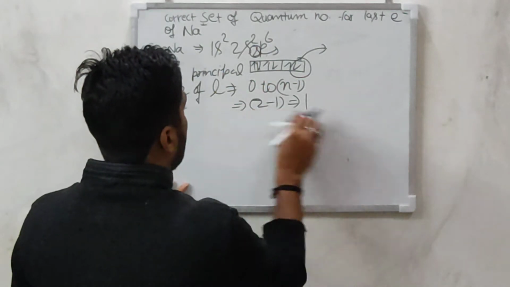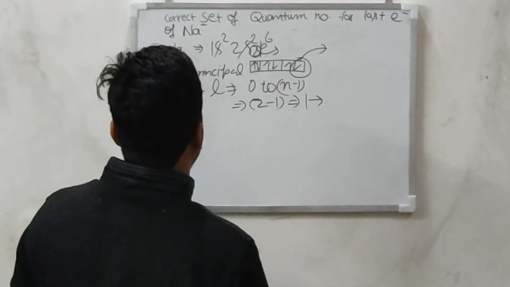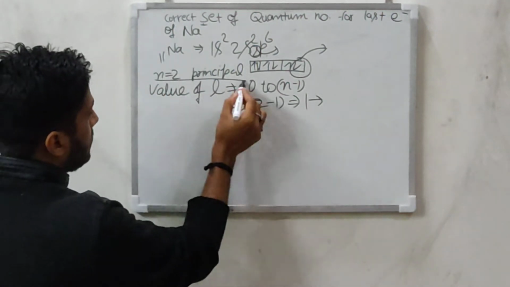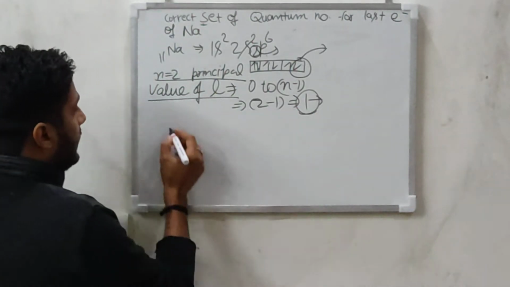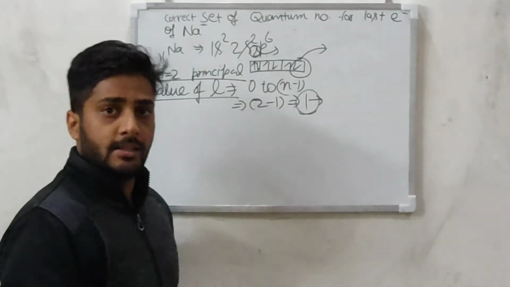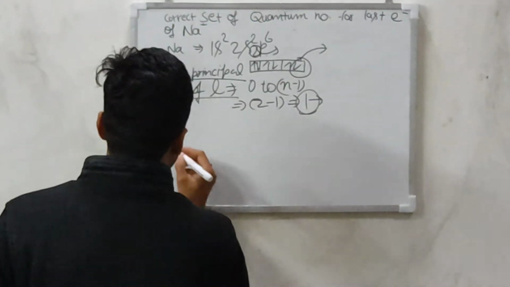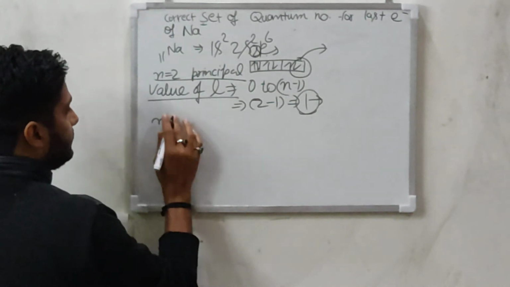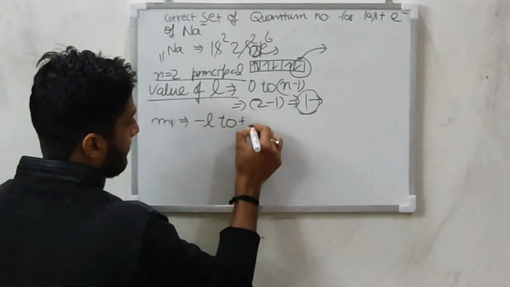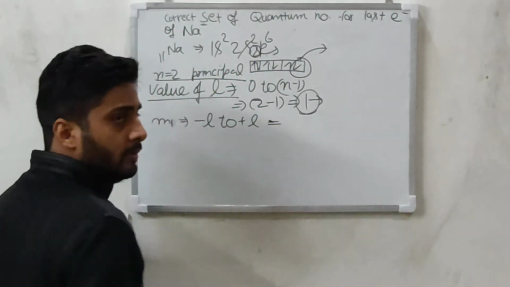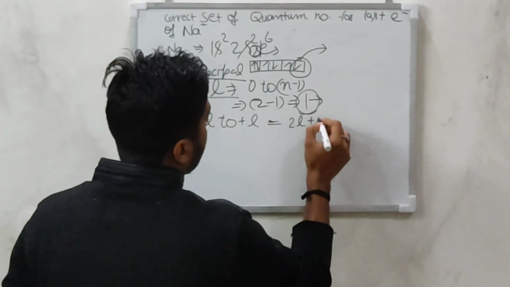From here we know the value of the azimuthal quantum number, and we already know the principal quantum number. For any given l, the value of the magnetic quantum number m goes from minus l to plus l, and the total number of values is 2l plus 1.